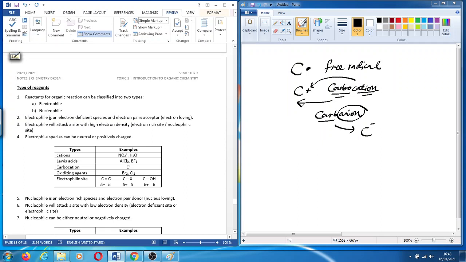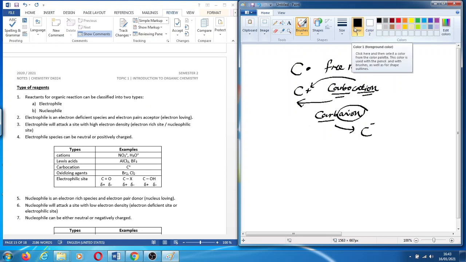Electrophile means it has less electron, such as C plus. Such as any element that has a positive charge. Electrophile will attack a site with high electron density. Electrophile species can be neutral or positively charged.